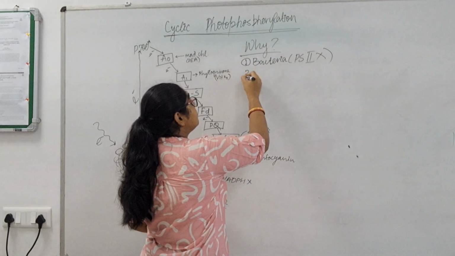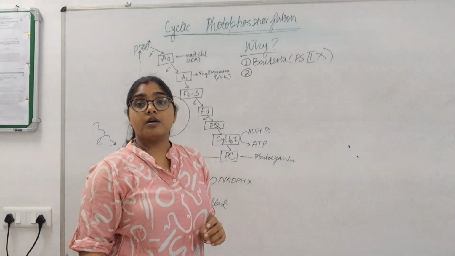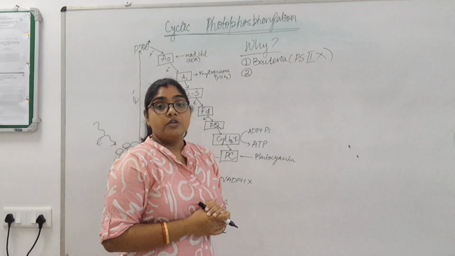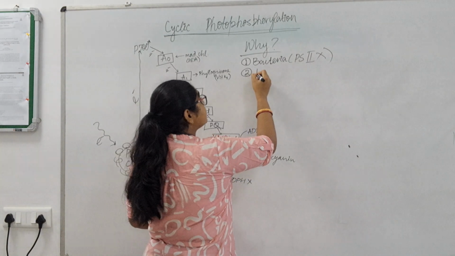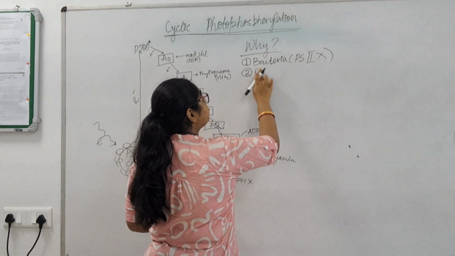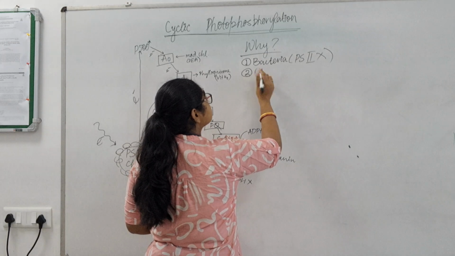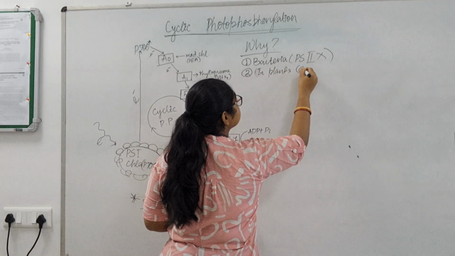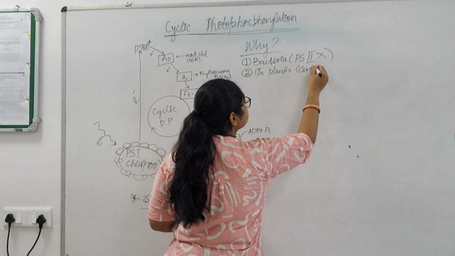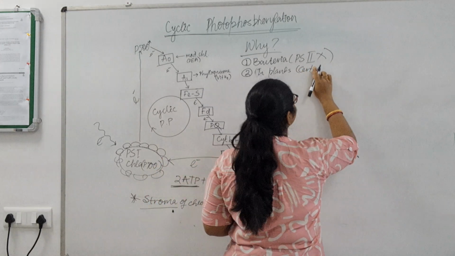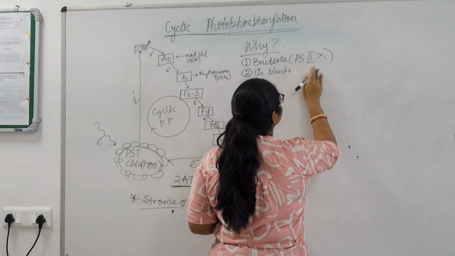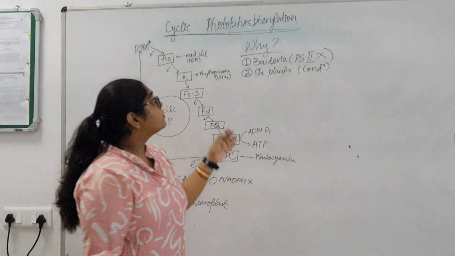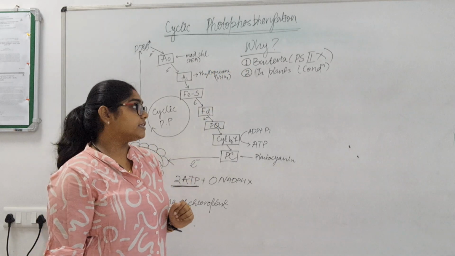Also, in plants, cyclic photophosphorylation takes place, but only under certain conditions. In some conditions only, they follow this cyclic photophosphorylation process.